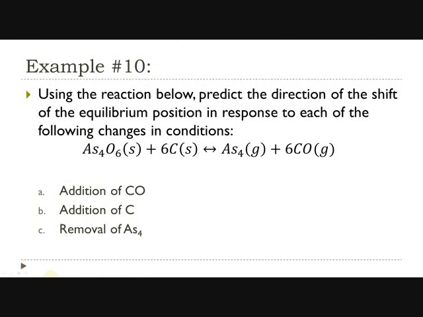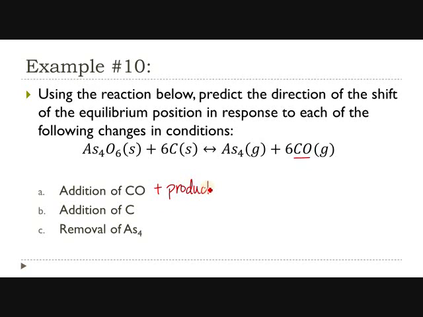So let's see what happens with this reaction and how it will respond to the following changes. The first one is the addition of carbon monoxide. Well, carbon monoxide is a product, so that means that we're going to be adding a product.